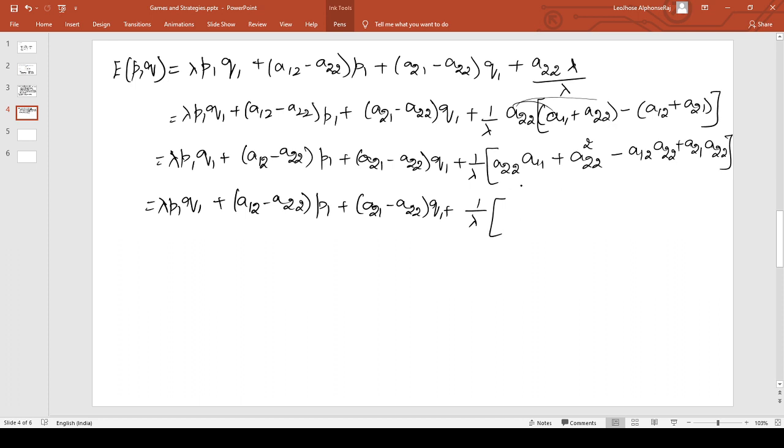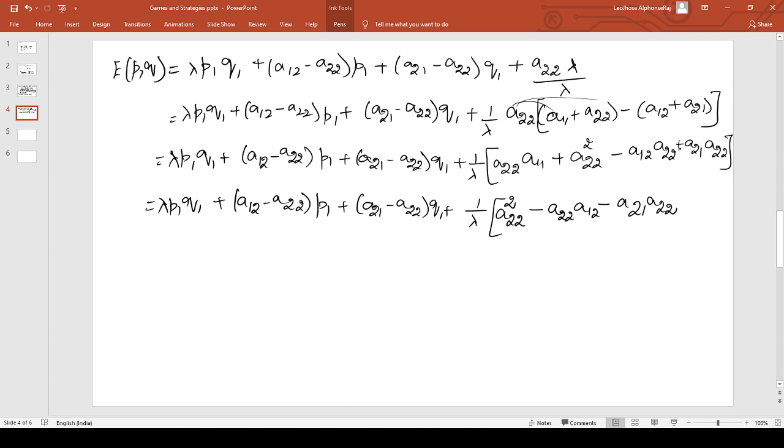You keenly note the one combination missing would be A12 and A21 combination is missing here. So let us rearrange the terms as such, having this A22 square as the first term and minus A22 A12, this term here, minus, I'm going to include this A21 A22 here.